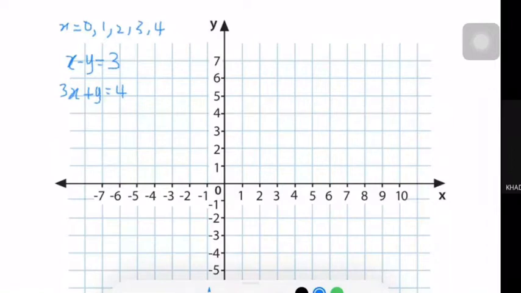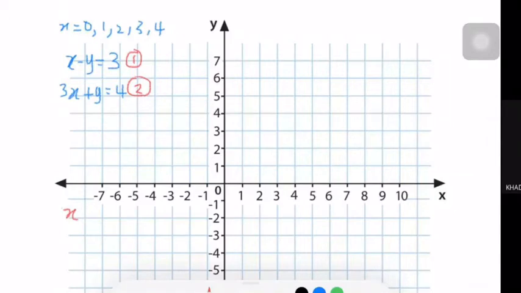This is equation number 1, this is equation number 2. For equation number 1, make sure you have enough space for your graph, because cikgu tak cukup space kat sini. I just do the table of values on this same sheet.